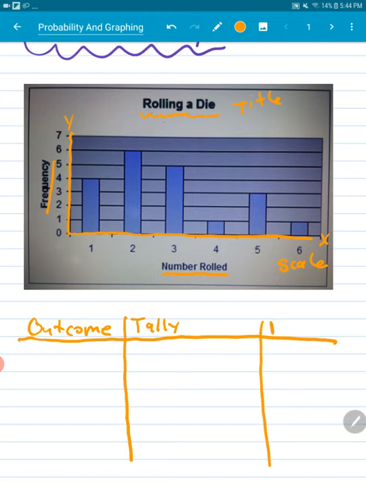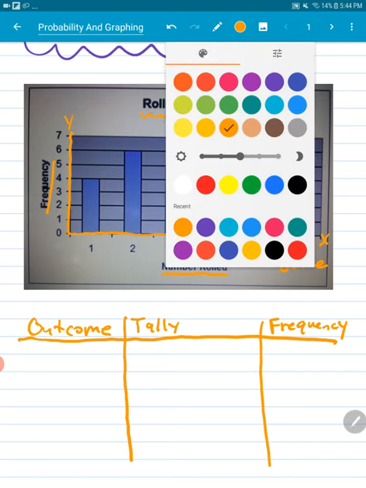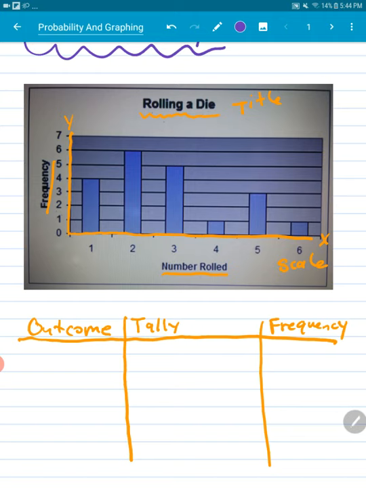And then we have the last column for frequency. In our rolling a die, the different possible outcomes are a 1, a 2, a 3, a 4, a 5, or a 6.